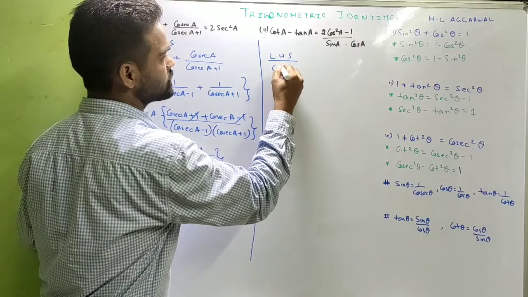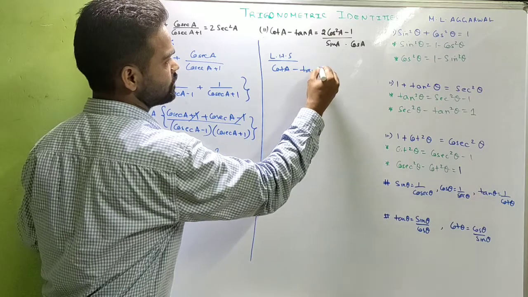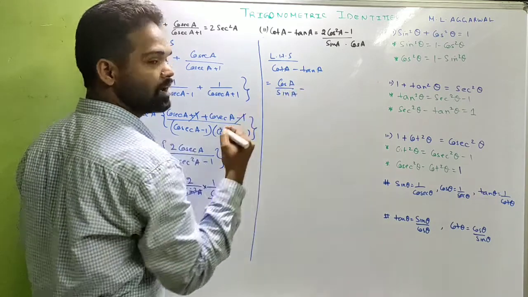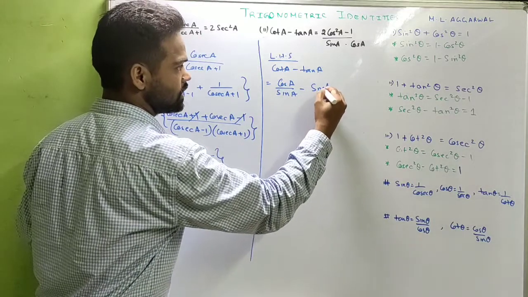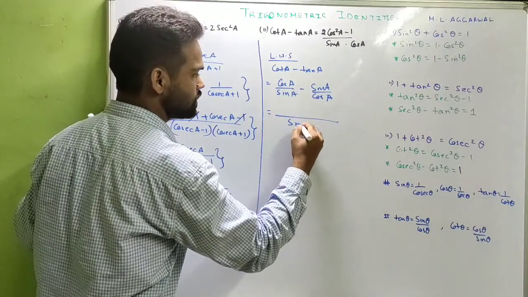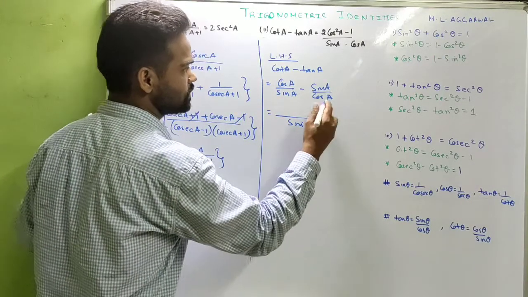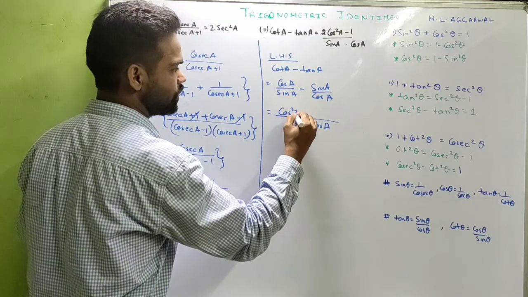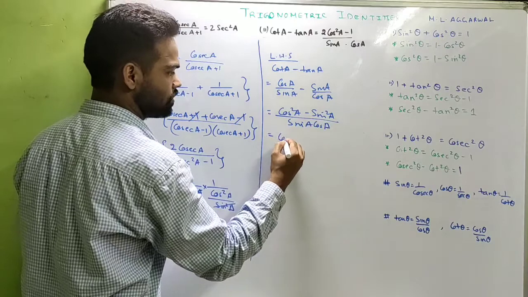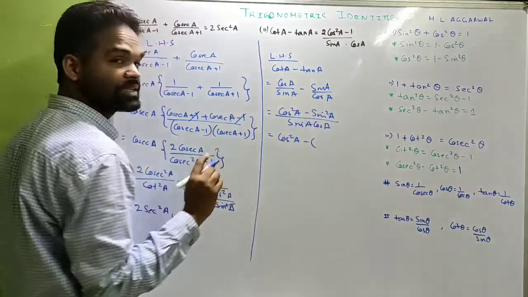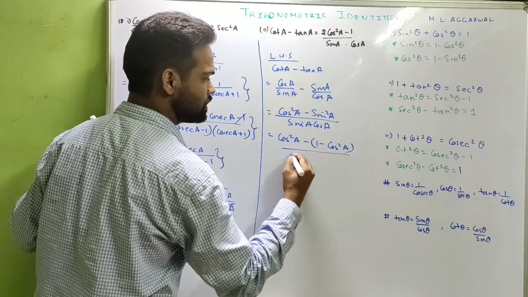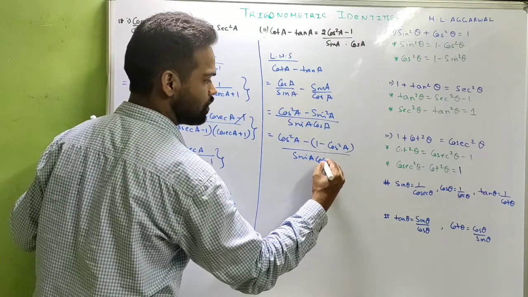This is cot A minus tan A. Now cot A is nothing but cos A by sine A, and tan A is nothing but sine A by cos A. Take LCM, so this becomes sine A cos A. Cos into cos is cos square A minus sine A into sine A is sine square A. Now look, this is cos square A minus sine square A. I can write 1 minus cos square A, isn't it? And this is sine A cos A.